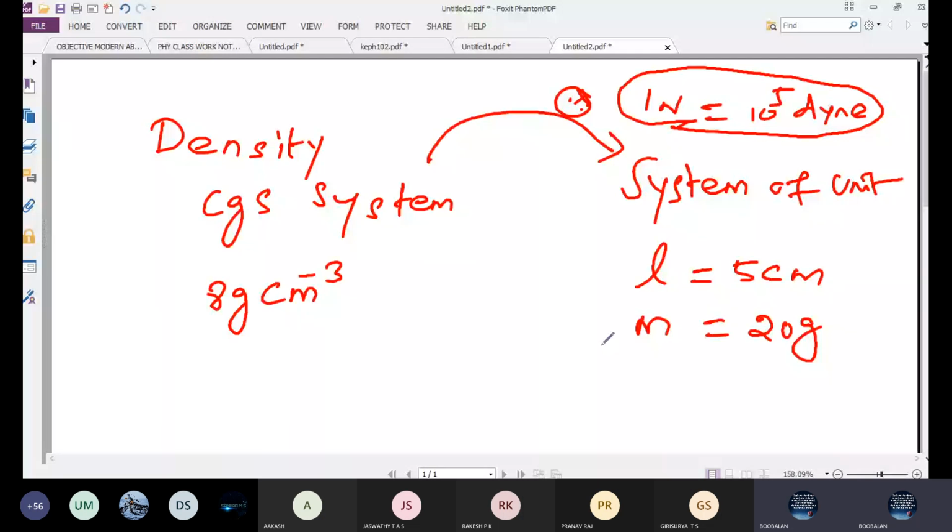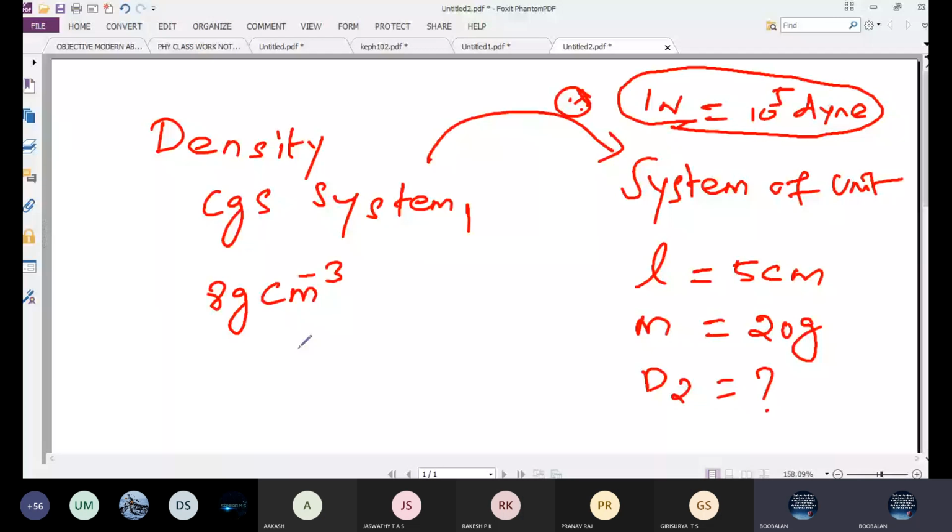This one you consider as D1, so this is D2. What is the density of the material? First you try, everyone. Try yourself.